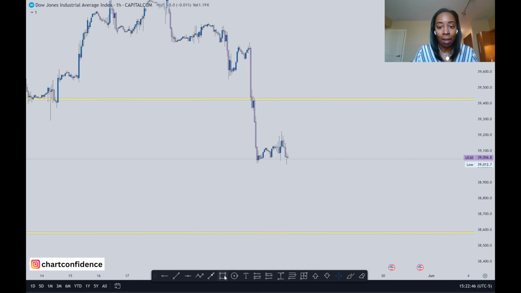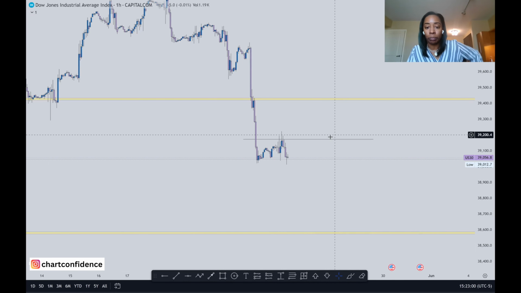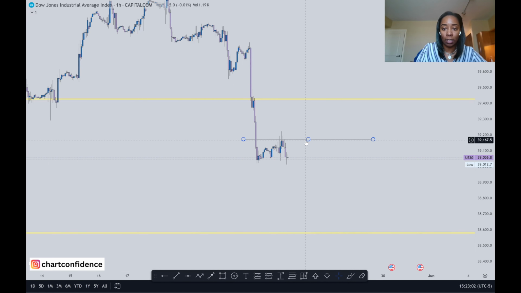So if I'm looking at this chart, one of the things that I see right off the bat is a level right here around 39,171, mainly because this is a resistance level and price tried to break up above this level multiple times but was not successful.